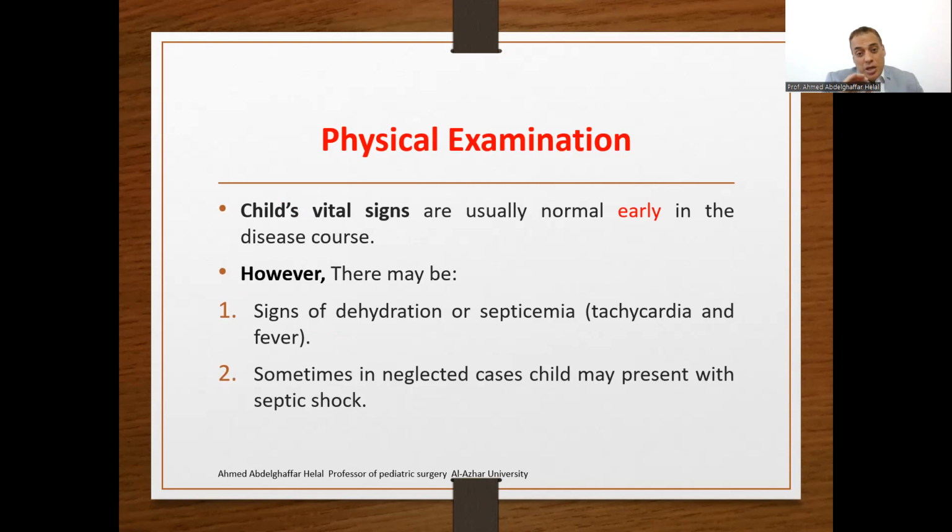However, there may be signs of dehydration or septicemia in the form of tachycardia and fever in delayed cases. Also, sometimes in neglected cases, the child may present with septic shock. So there is an extreme of presentations, from early presentation to late or neglected cases with shock, or sometimes with tachycardia and fever or septicemic manifestation.